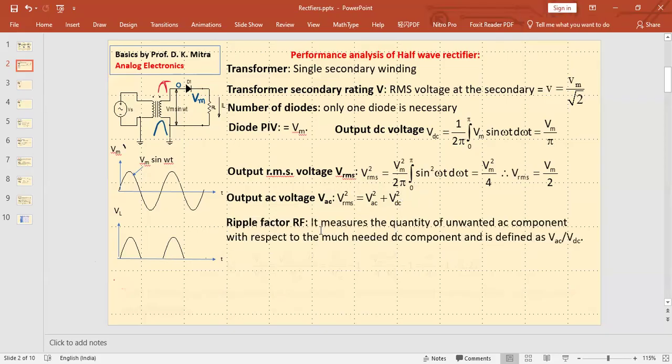Characteristics is the ripple frequency. What is the ripple frequency? Look at this half-wave rectified wave.